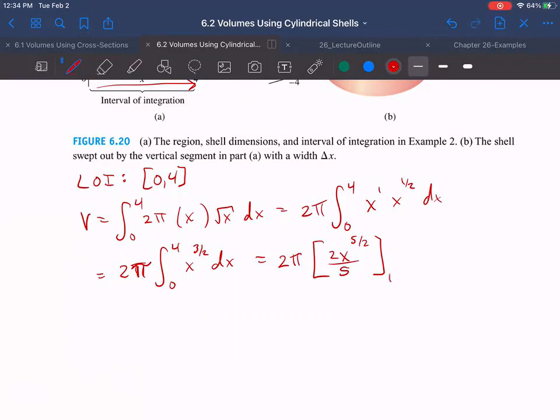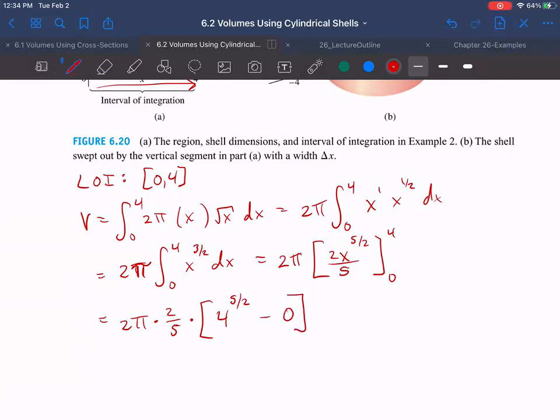And this is from 0 to 4. So this is 2 pi times, and here we can even bring out the 2/5 if we want, 2 pi times 2/5 times x to the 5/2. So this is going to be 4 to the 5/2, right? I don't need the over 5 anymore. So 4 to the 5/2 minus 0 to the 5/2.